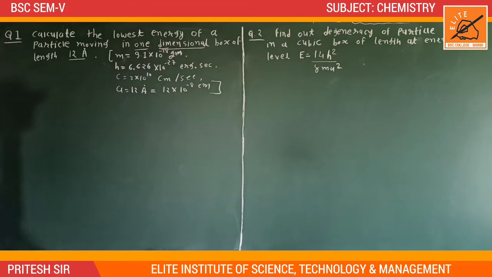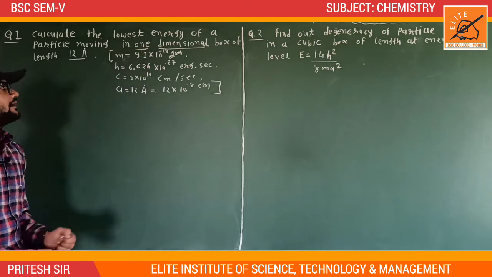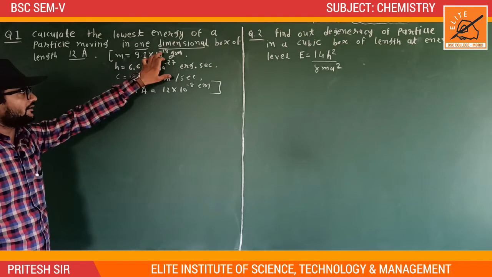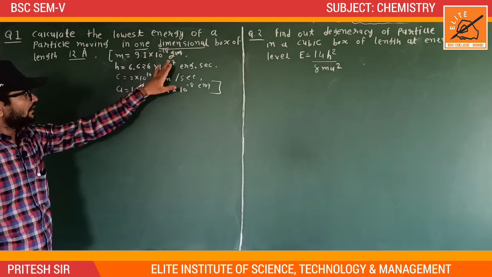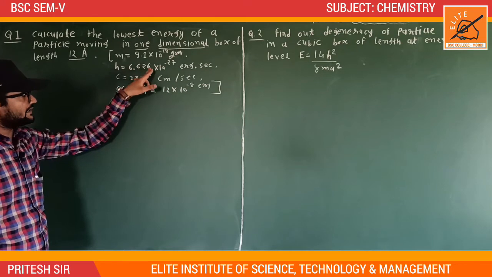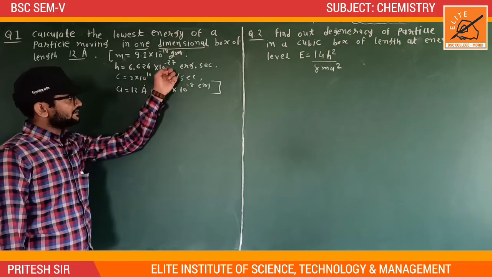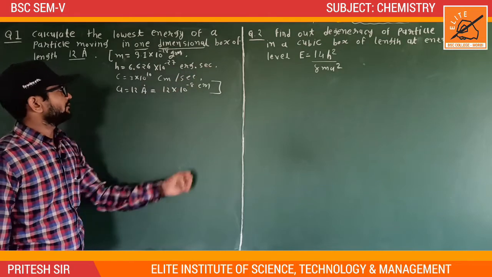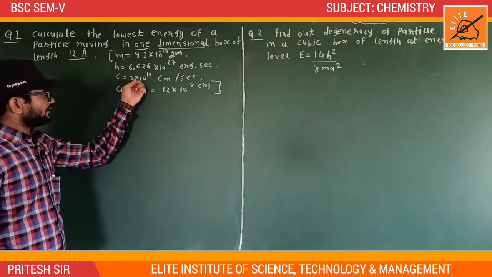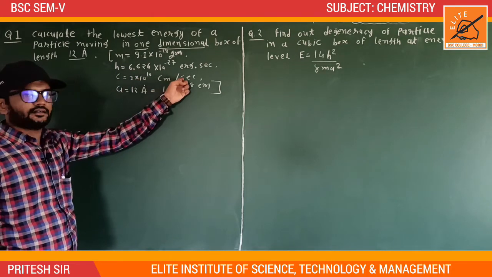This question is related to a particle in a one-dimensional box. Here the mass of the particle is 9.1 into 10 to the power minus 28 gram. h, the Planck constant, is 6.626 into 10 to the power minus 27 erg second. c, the velocity of light, is 3 into 10 to the power 10 centimeter per second.